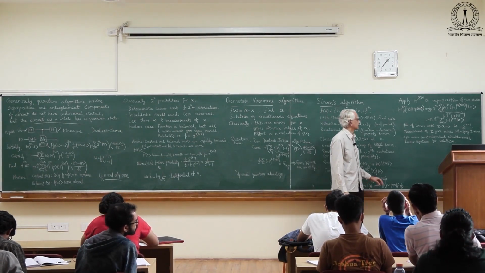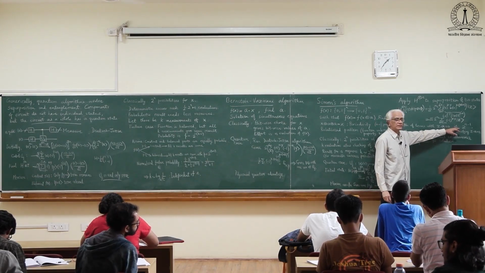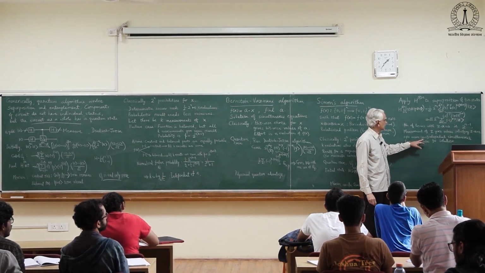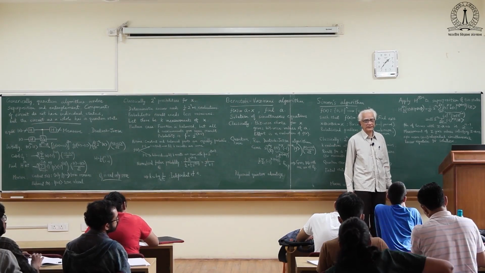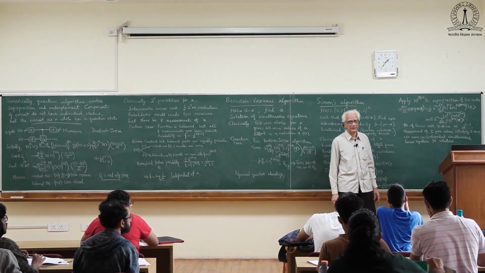And that is the crux of the matter. The number of possibilities is huge, but the number of independent equations I need is only n minus 1. It's not exponential.